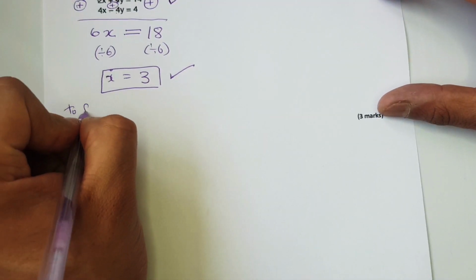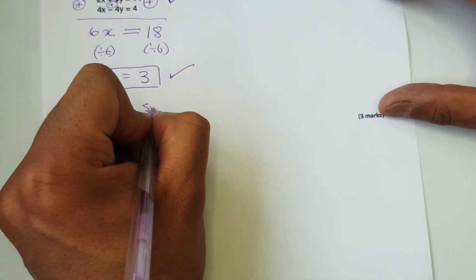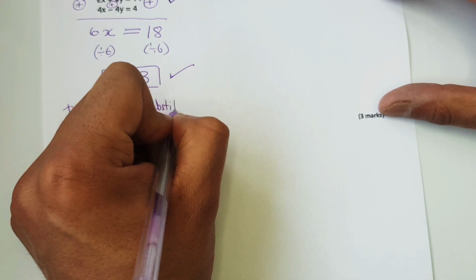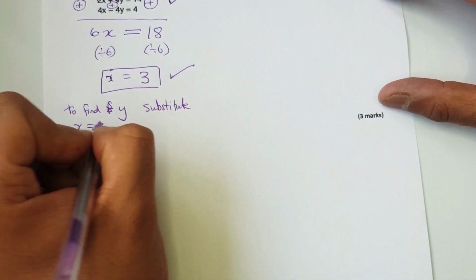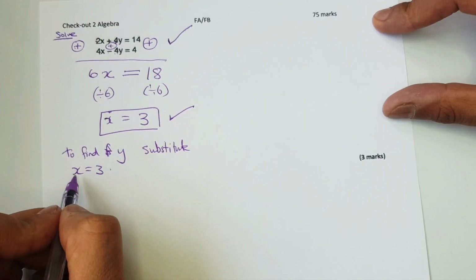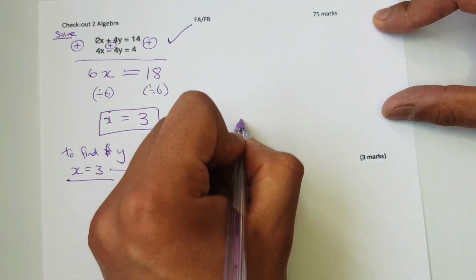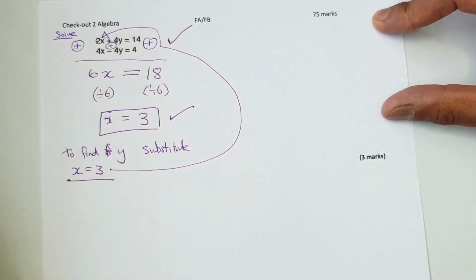To find y, you simply substitute. So you replace the x equals 3 into any one of the 2 equations. So you're going to get x equals 3 that you've just found and substitute into any one of the 2. I'm going to go with the first one because the first one looks a bit easier.